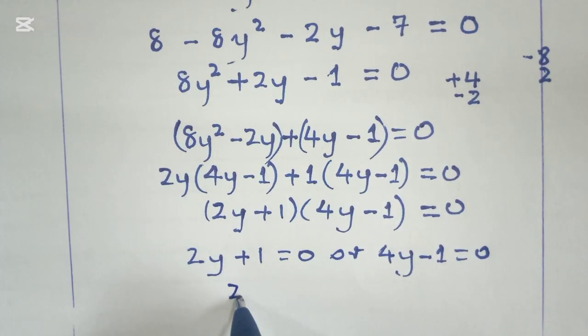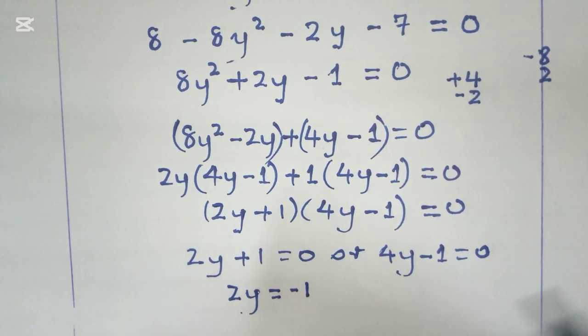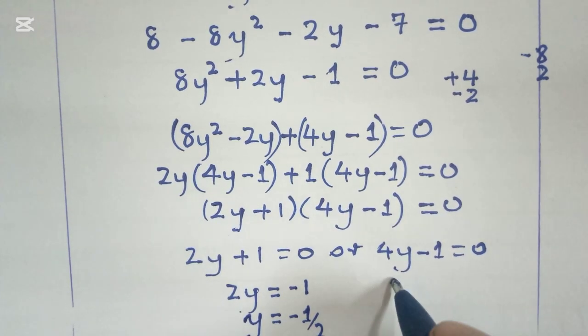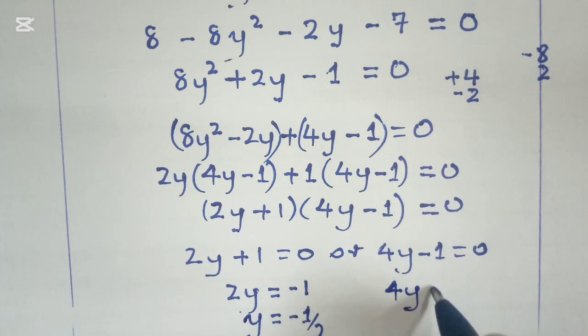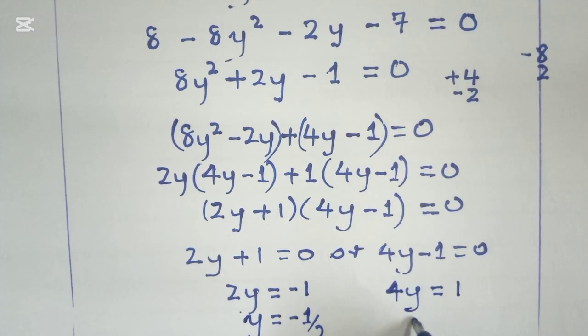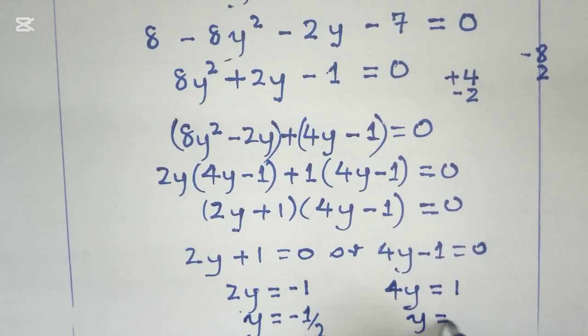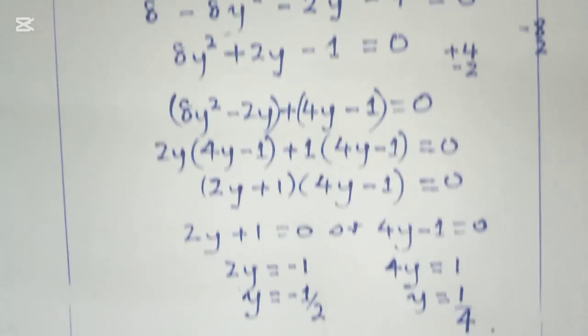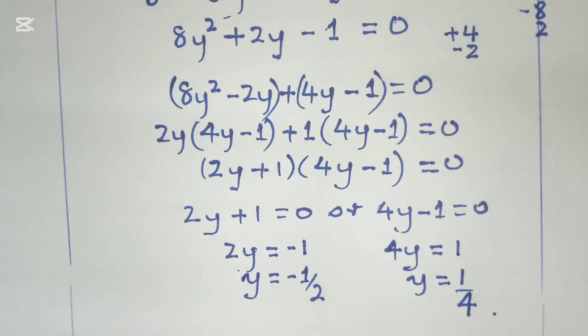Here 2y equals negative 1, so y equals negative a half. On this side, 4y equals 1, and so y equals 1/4. So guys, we continue.